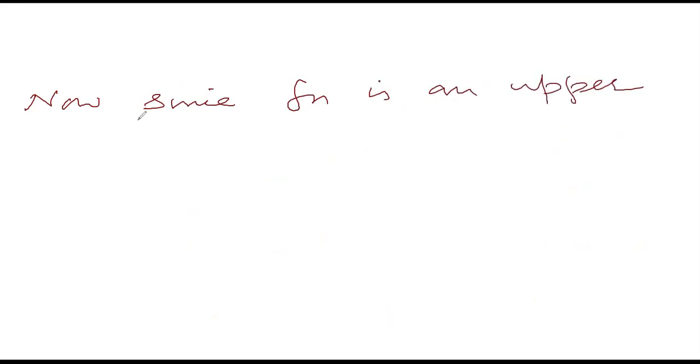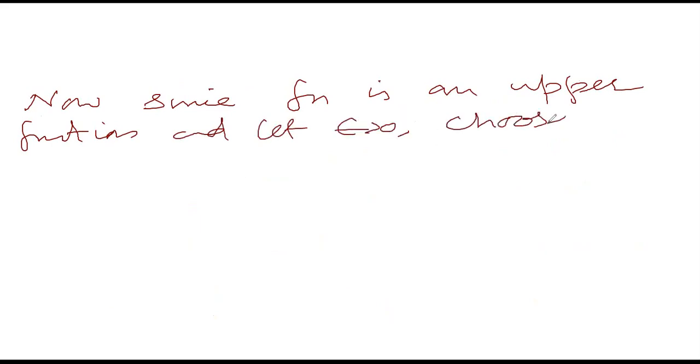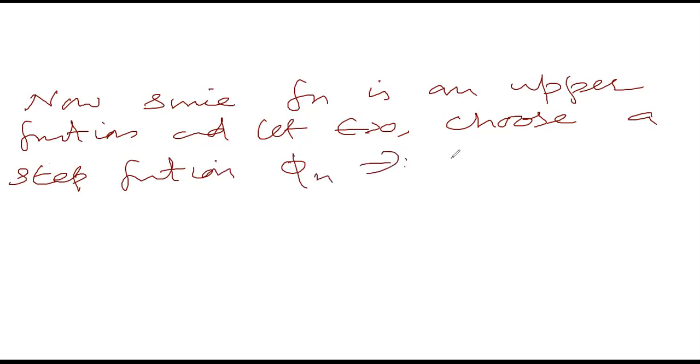Now since fn is an upper function, and let epsilon be a positive number, choose a step function phi n such that 0 less or equal to phi n less or equal to fn. Why is it 0 less or equal to fn?